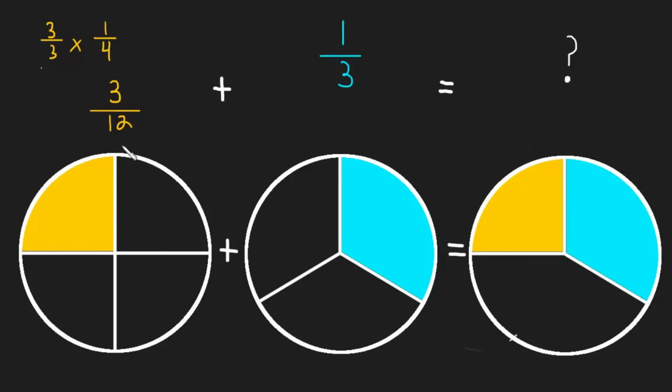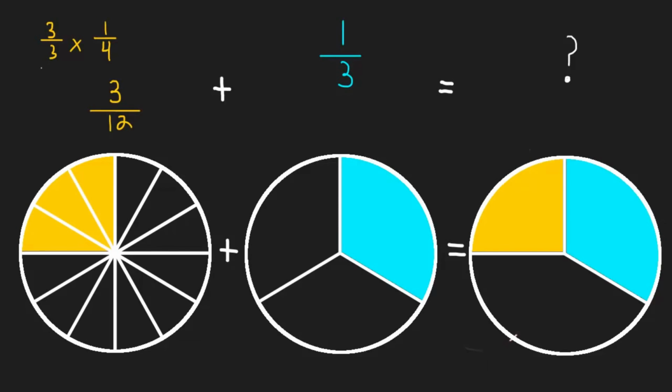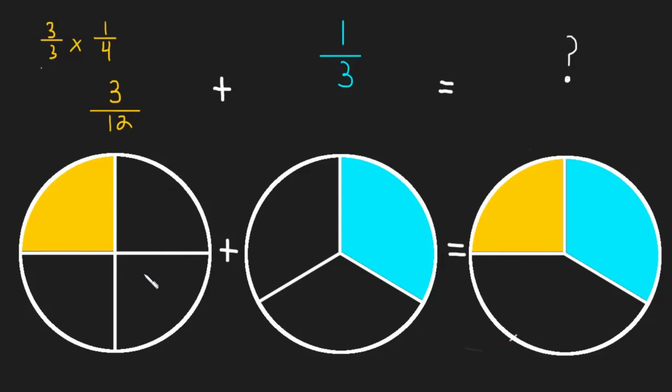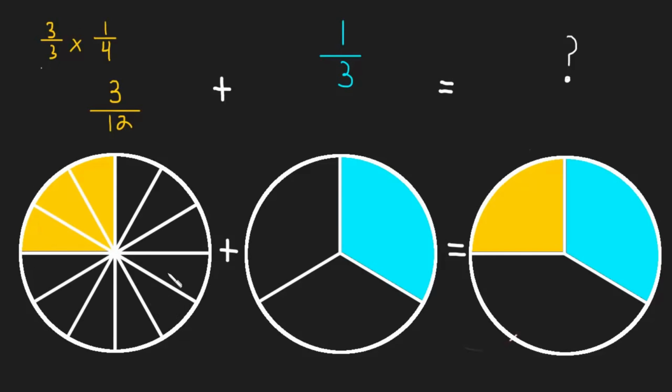And you can see that 3/12 is the same as 1/4. It's the exact same amount. Here we have 3 out of 12 pieces. Here we have 1 out of 4 pieces, but we're still talking about the same amount of pie, or the same amount of the whole. It's just there's smaller pieces and we have more of them.